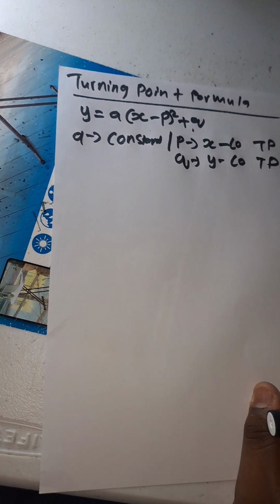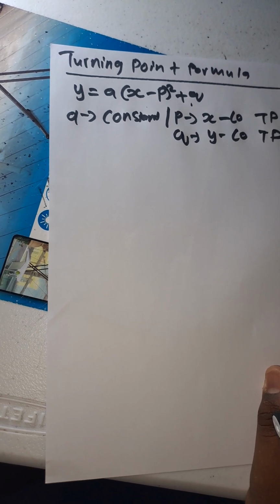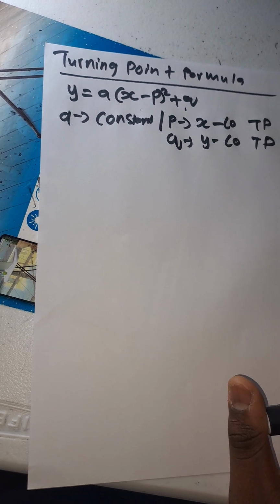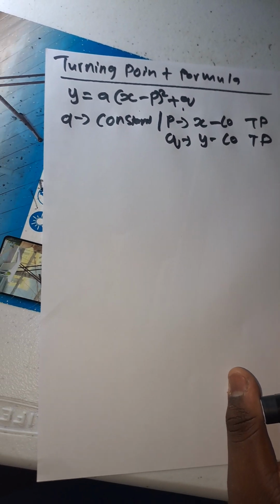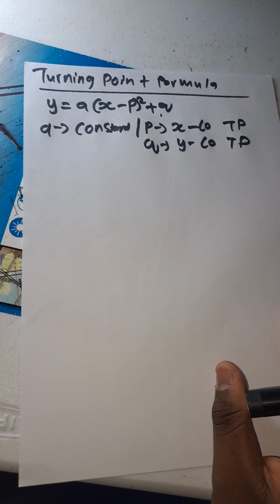And then we continue. For this one, we use these formulas to determine the equation of the graph. So I'm gonna use the very same equation I used a few days ago.